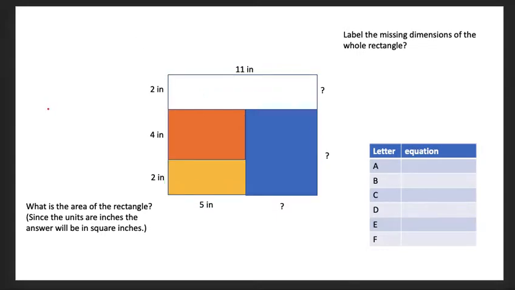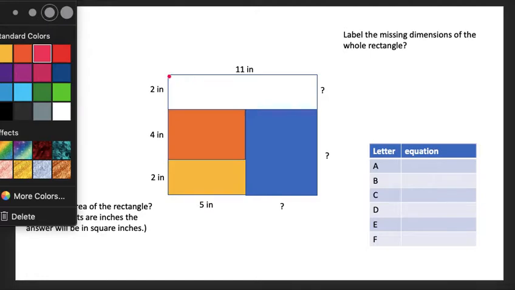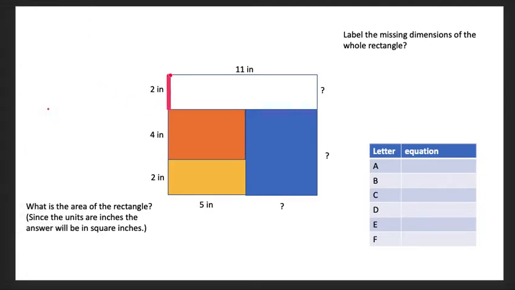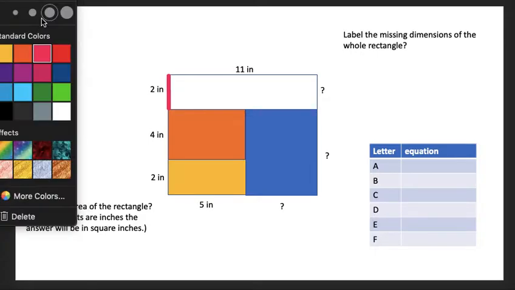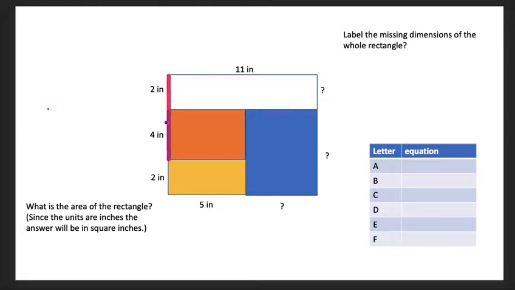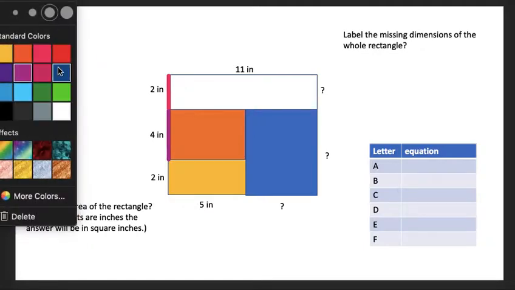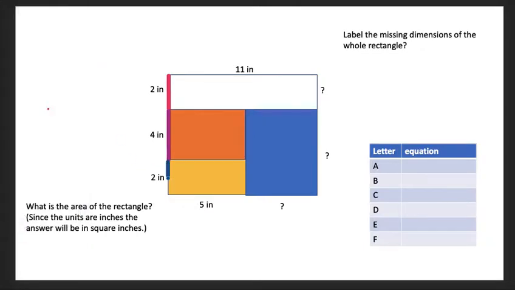So let me make it a little bit thicker. 2 inches is the length of this side of the white rectangle. 4 inches, I'll do it a different color. 4 inches represents the length of one of the sides of the orange rectangle, and 2 inches represents the side of that yellow rectangle. All right, and we know that this other side of the yellow rectangle is 5 inches.